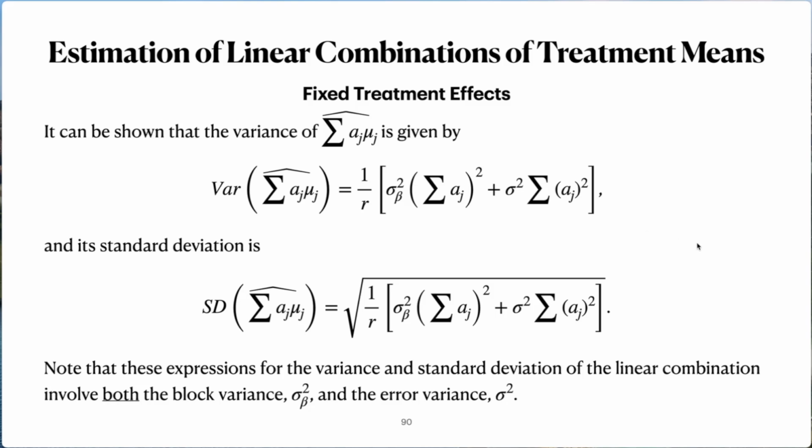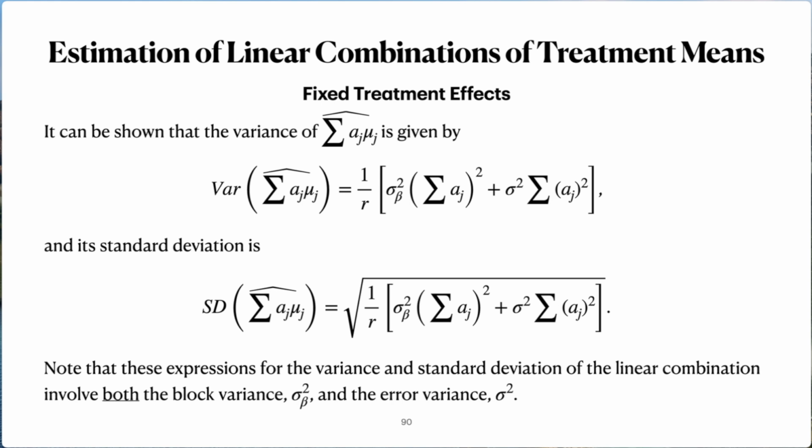Now, the important thing to notice here is that these expressions for the variance and the standard deviation of the linear combination involve both the block variance, sigma squared sub beta, and the error variance, sigma squared. So we're no longer in a situation where the expressions involve only sigma squared.